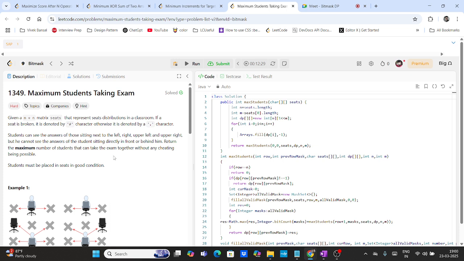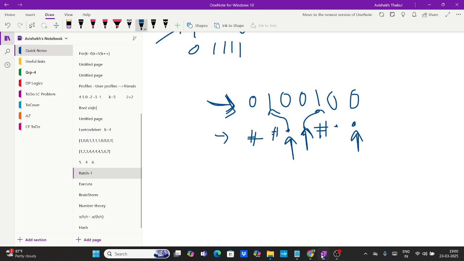Okay. But is the idea clear? So now let's say I maintained this, 0 0 0 0 0 0 1. Why 1? Because I am able to place one student here. Now again I will ask recursion to solve for the next row, and this will become my previous row now. Okay, that's it.